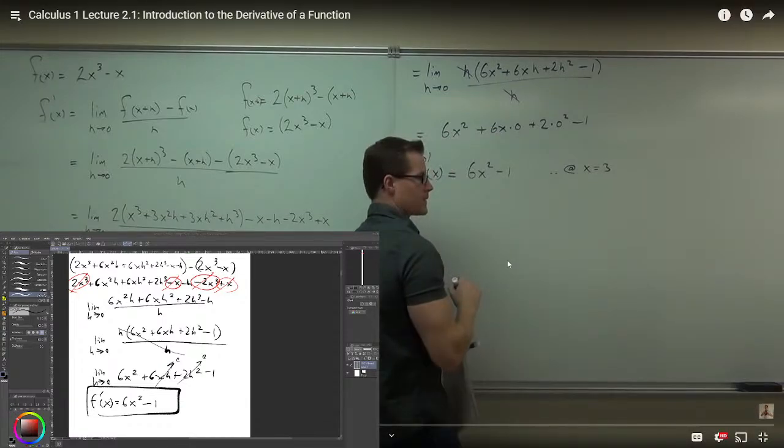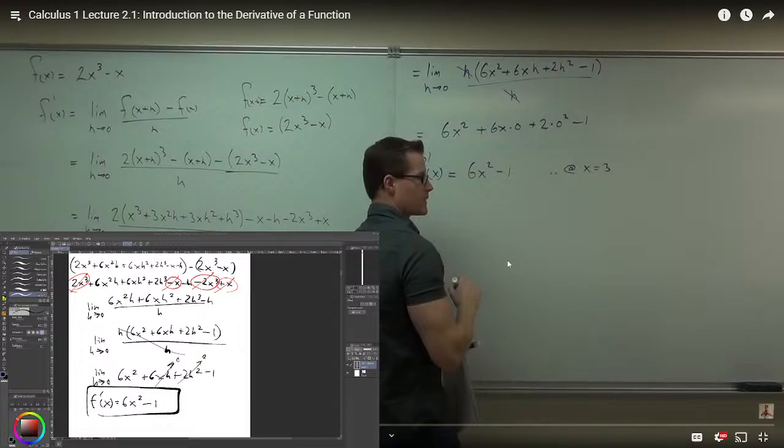So, I'm not going to write this down. But you'd plug 3 into the derivative that you just found to find the slope. And that would be 9 times 6 is 54, minus 1, 53. So the slope's 53.